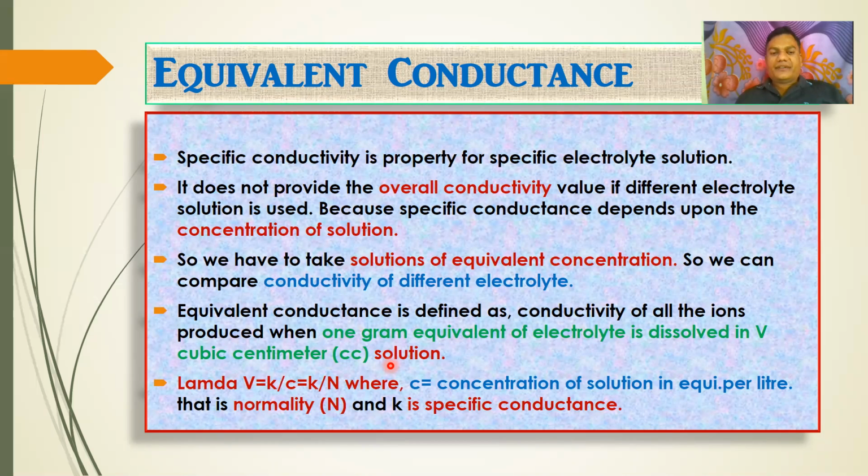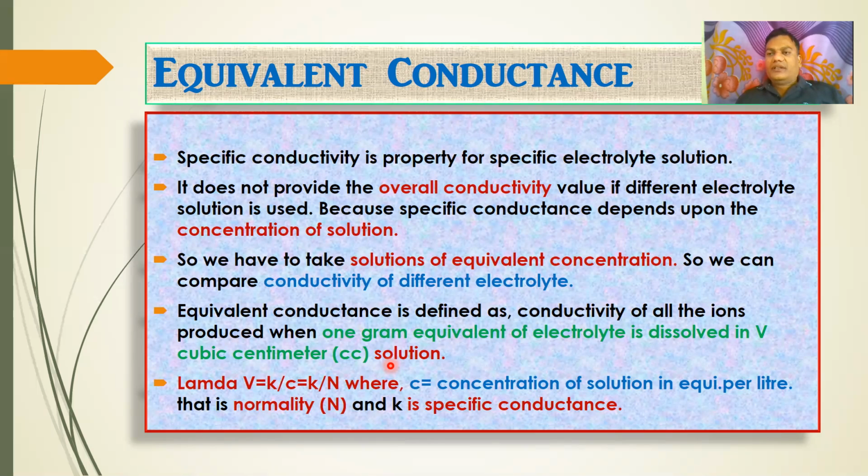So lambda V, it is indicated by lambda V, that is equal to K by C, where K is the specific conductance and C is the concentration of solution in equivalent per liter or equivalent per dm cube. That is nothing but normality N, and K is the specific conductance.